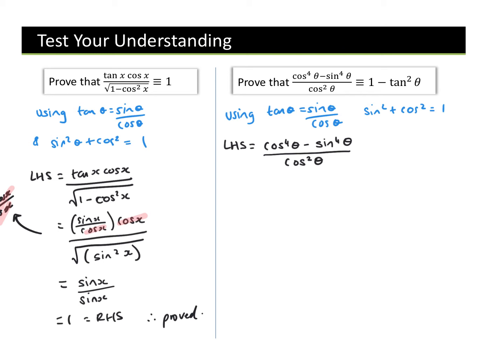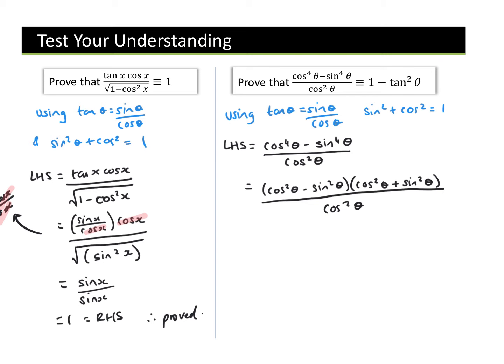Okay, so what we notice here is really simple, actually. We have a difference of two squares on our numerator. So we're going to write this as cos squared theta minus sine squared theta, times cos squared theta plus sine squared theta. All of this is going to be over cos squared theta.